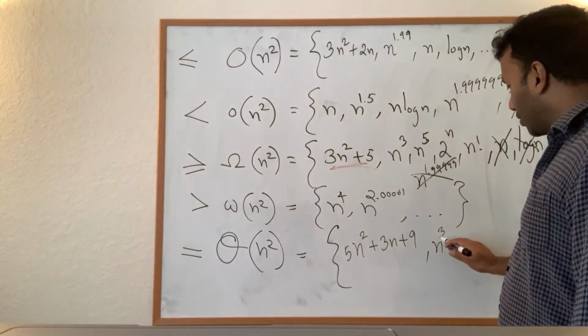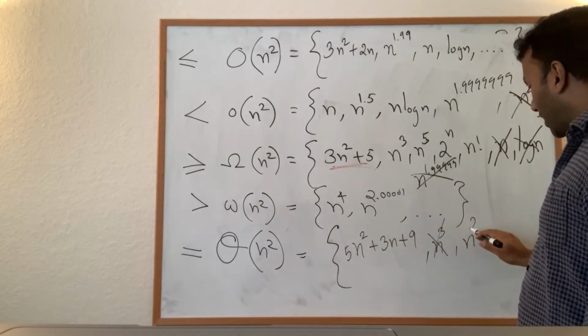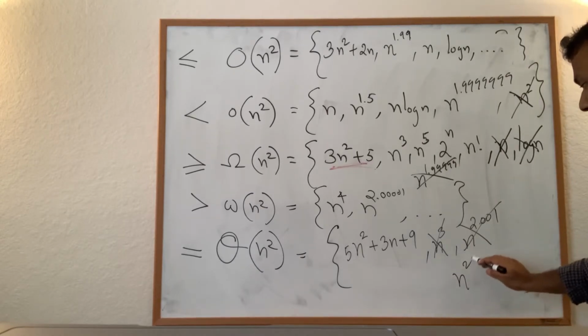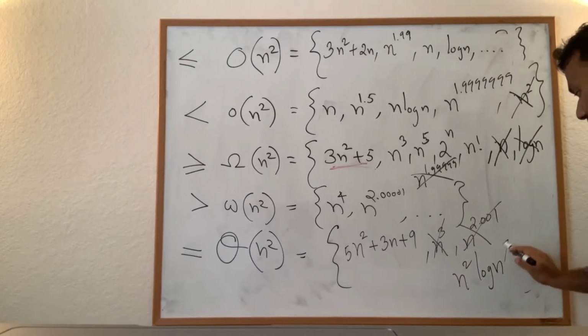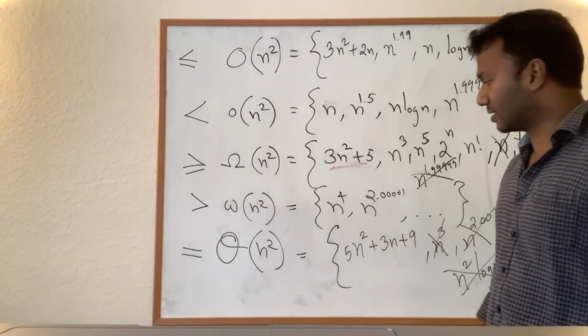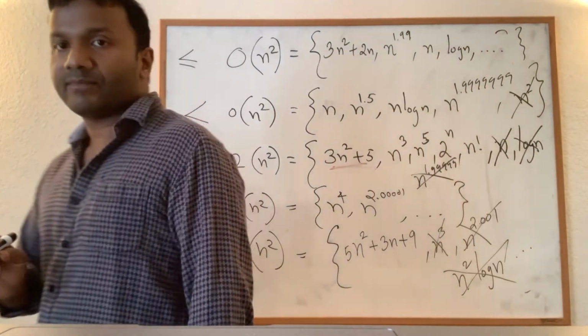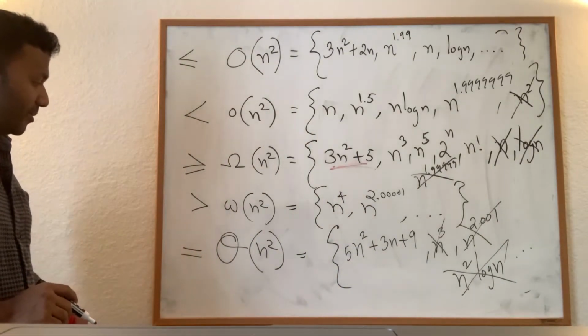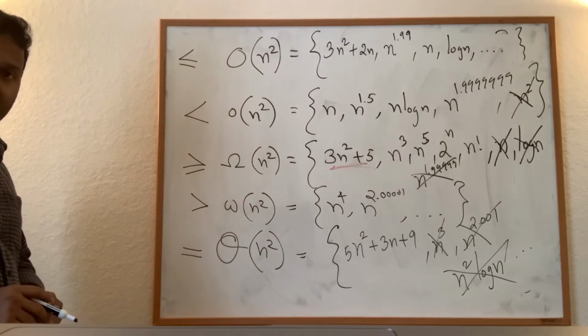But you cannot have n cube now. You cannot have n raised to 2.001 now. You cannot have n square log n, etc. All the functions whose dominating term is strictly n square. So that is why it is roughly equal to.